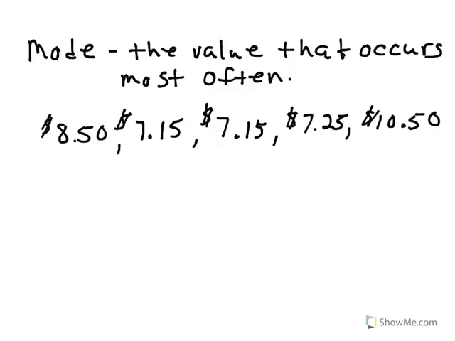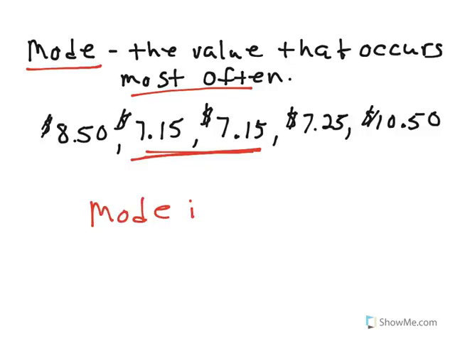Another measure of central tendency is the mode. The mode is the value that occurs most often. So looking at this example of hourly pay rates, we see there are 2 at $7.15. So the mode for this example is $7.15.